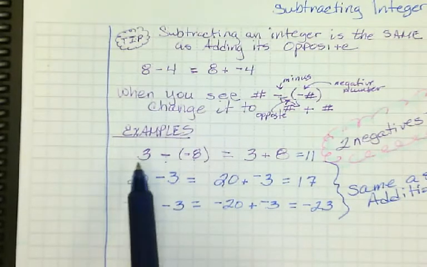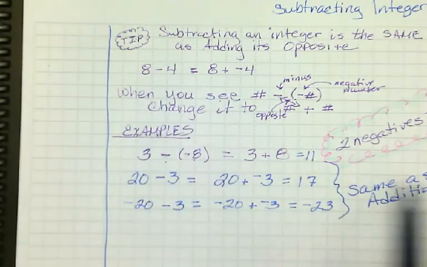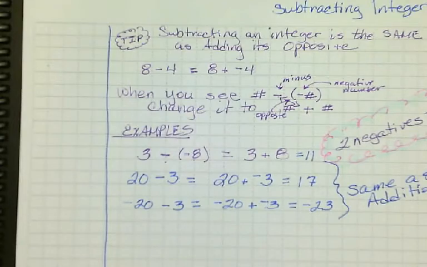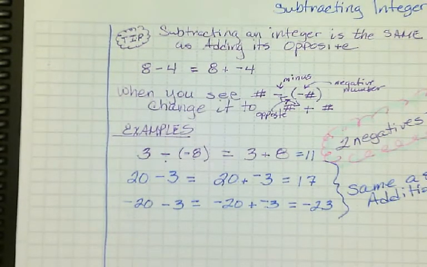Once you change your sign and add the opposite, then you just use your addition rules. I know, you guys are like, what? I just don't, huh? What? Alright.